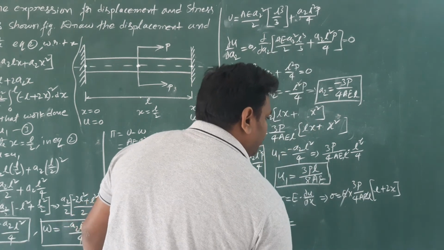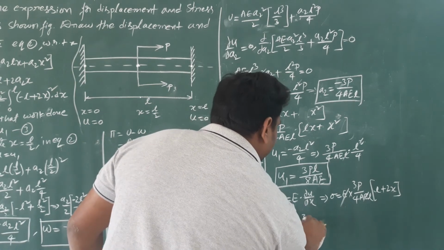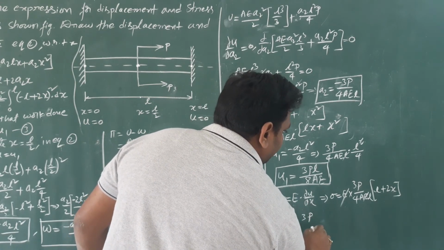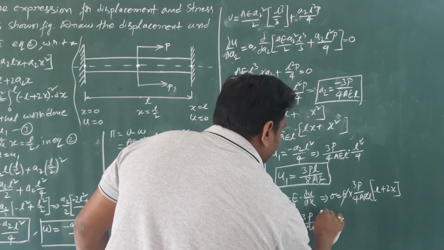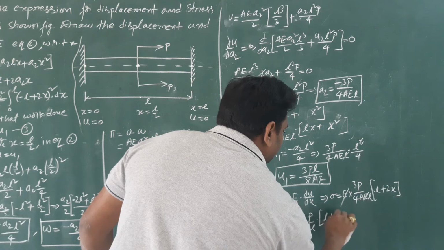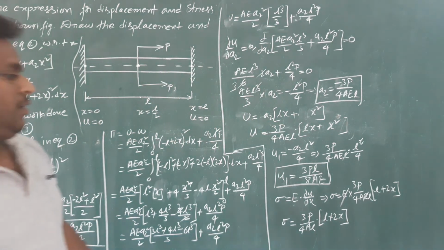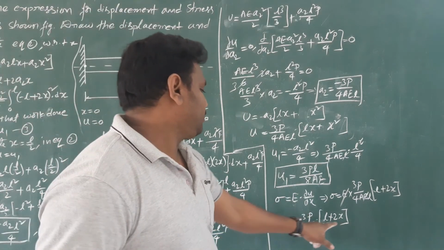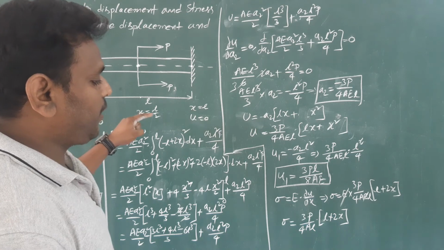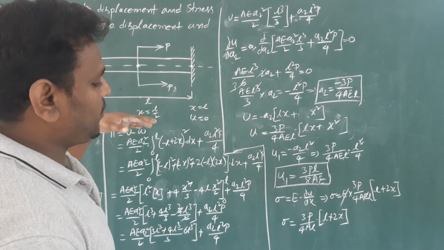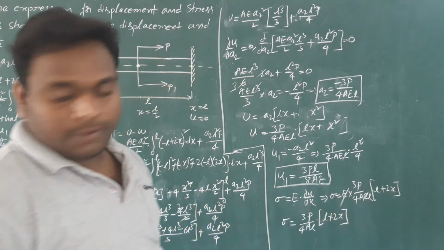equal to 3P by 4AL into L plus 2x. Okay. If x is 0, the stress is 3PL by 4AL. If x is equal to L, that is 9P by 4AL.